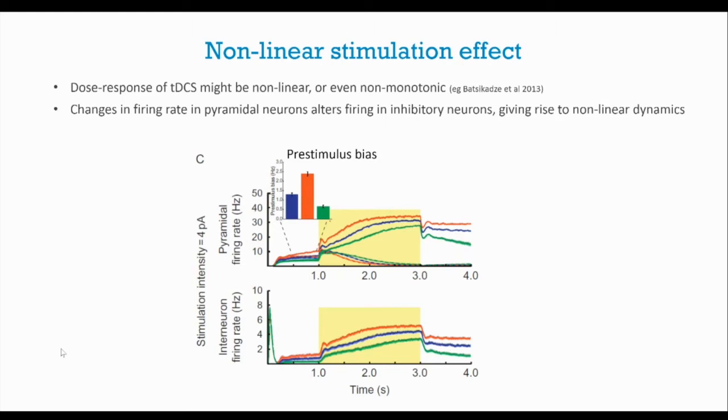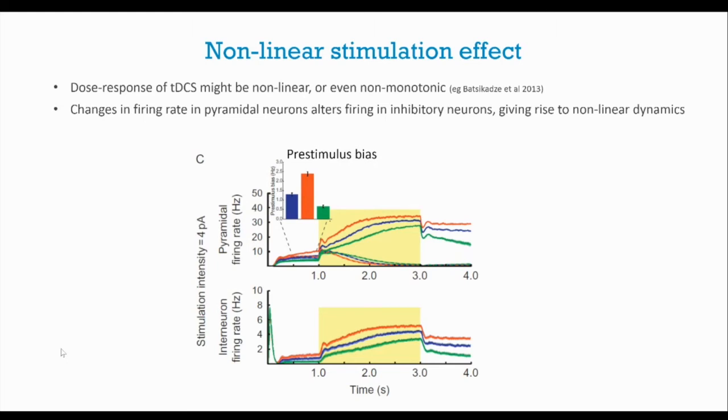So the example here shows you three different cases. In blue, the control, and then in red and green, the two different types of TDCS, hyperpolarizing and depolarizing, that we apply to the network. And you can immediately see that when the stimulus is switched on, so the yellow area, the firing rates vary profoundly. And that would impact when the threshold is reached and therefore the decision time.